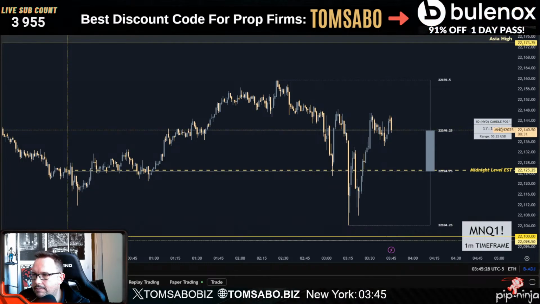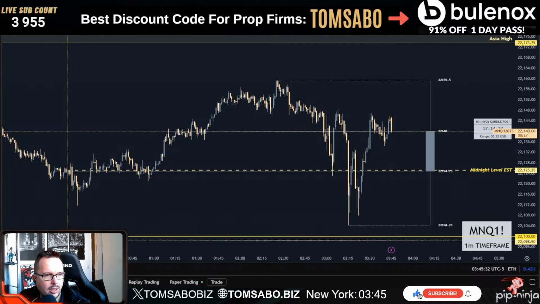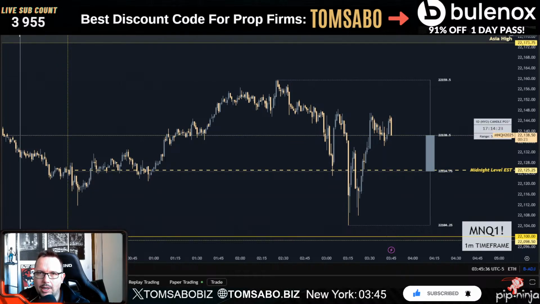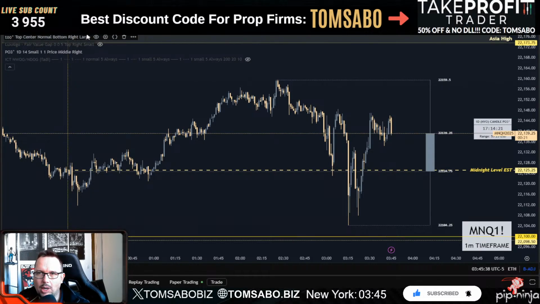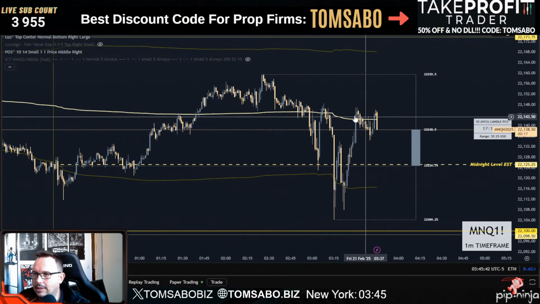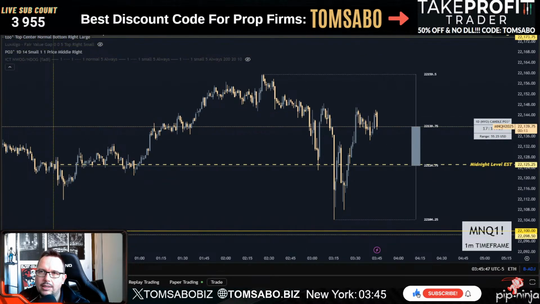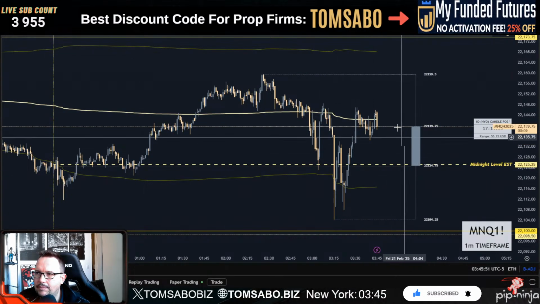Interesting move here. Oh, the VWAP. I forgot to put the VWAP up here. Interesting. Look at that, the VWAP. Yeah, it just got there.